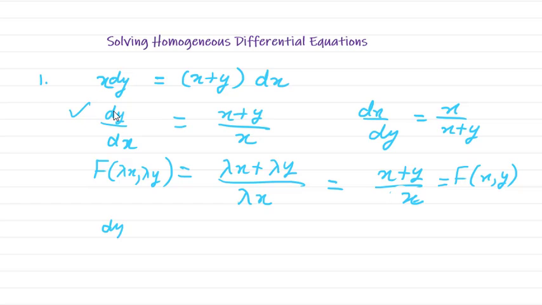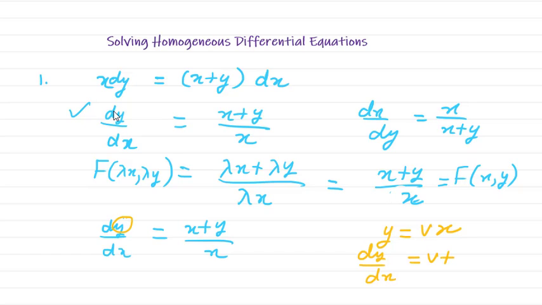Here I've taken this as dy by dx equals (x + y) divided by x. So here what I'll do is take y equals vx. Then my dy by dx will change. dy by dx will become v plus x dv by dx.